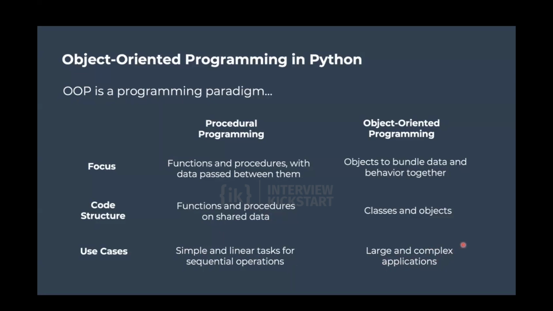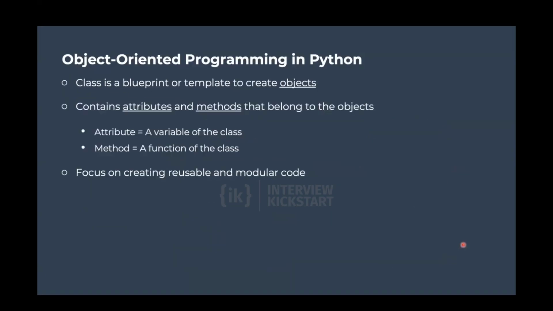Okay. All right, so many vague things so far. Now let's get a little bit more into the definitions, see how a class is created, and let's see an example of that too. Okay, so what is a class? A class is a blueprint or a template to create objects, right?